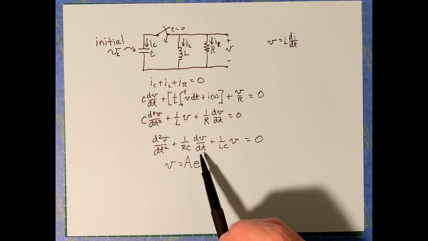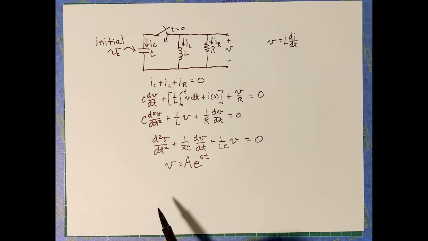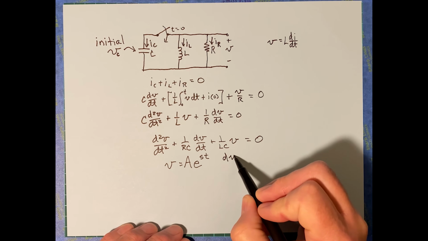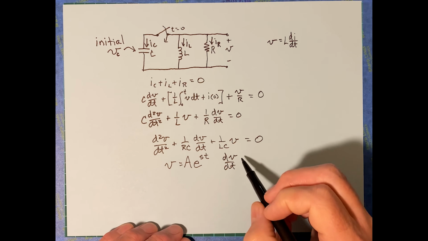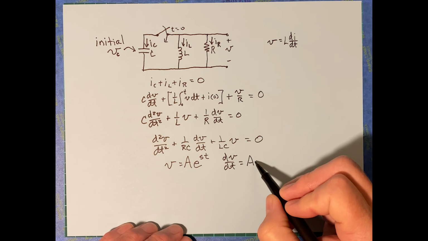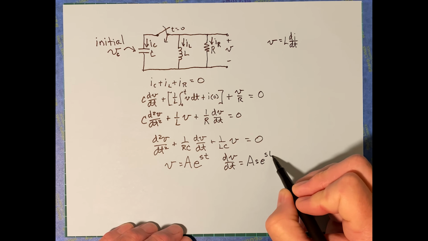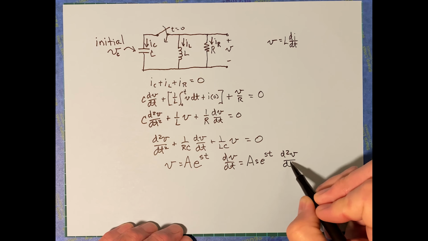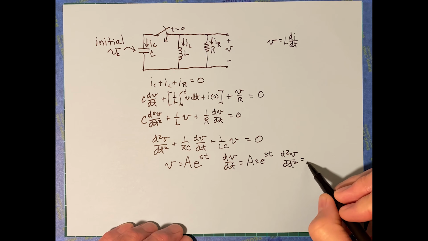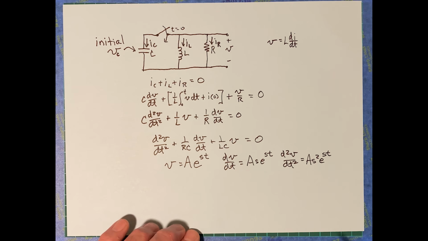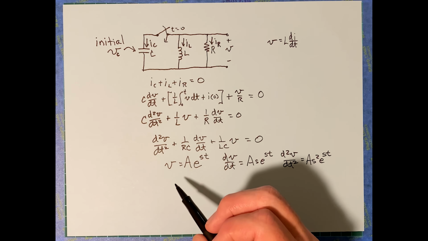We'll take the first and second derivative of it, and then plug it back into our equation here. When we do that, dv/dt is just going to be a s e to the st, and then d squared v/dt squared is going to be a s squared e to the st. Now let's take these and plug them back in.